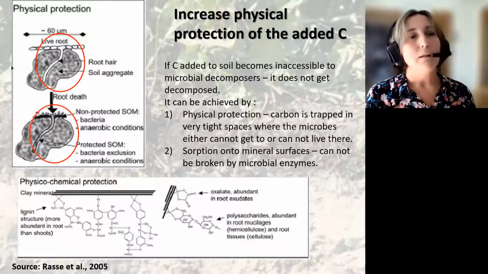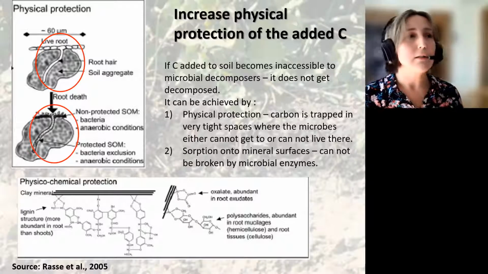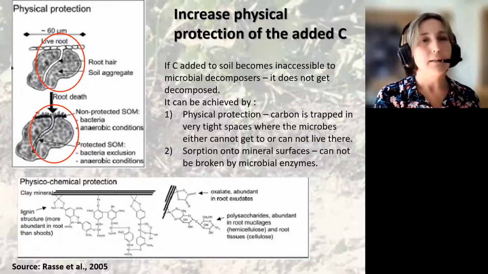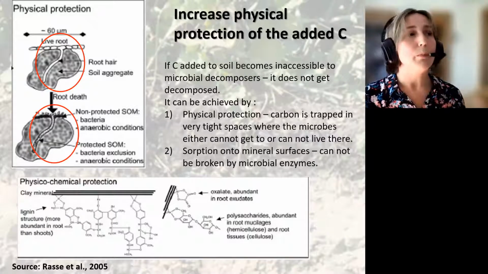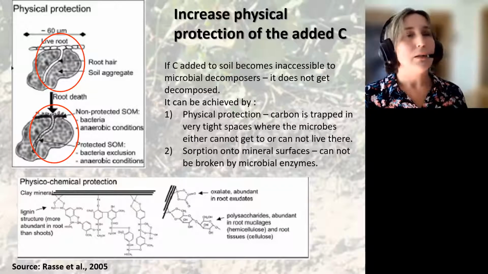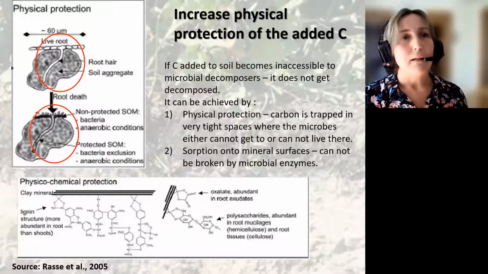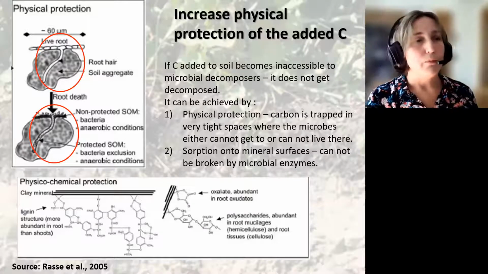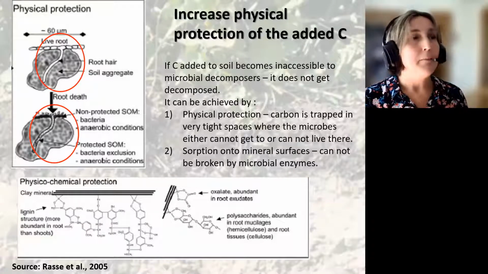The root dies, the entrance is sealed, and that piece of root hair stays there, not decomposed, because microbes cannot get to it. And even if they do, in the tiny pore there are anaerobic conditions, not very good for microbes to grow and live in.